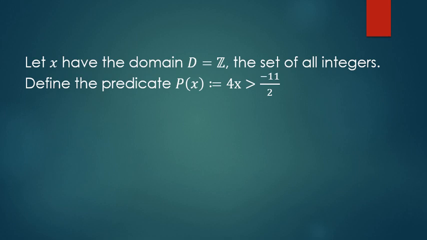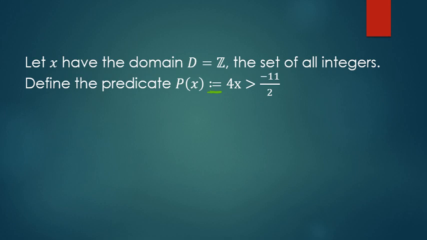Now, something that you may or may not have seen, this right here, the colon and then the equal sign following it, that's just a common symbol that you'll see being used to say that we are defining this thing to have this name. And we are defining the predicate for 4x greater than negative 11 halves. We're giving this thing the name capital P of x.